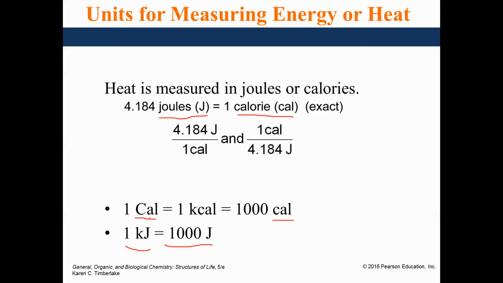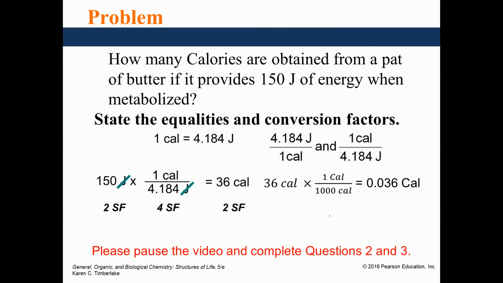So this uppercase C calorie is typically used if we're talking about foods. So people sometimes call these food calories. And one of these big calories, or food calories, is going to be equal to a kilocalorie, or equal to 1,000 of these regular little calories. So just be aware that calories with a big C is different than calories with a little c.